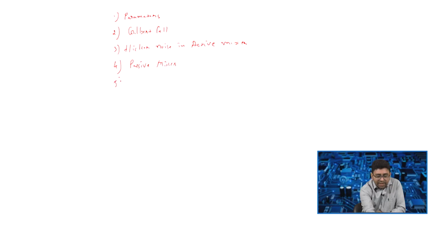If you are interested to study more on mixer design, one more point I want to add is that we also discussed the image reject receiver by using a hybrid coupler.